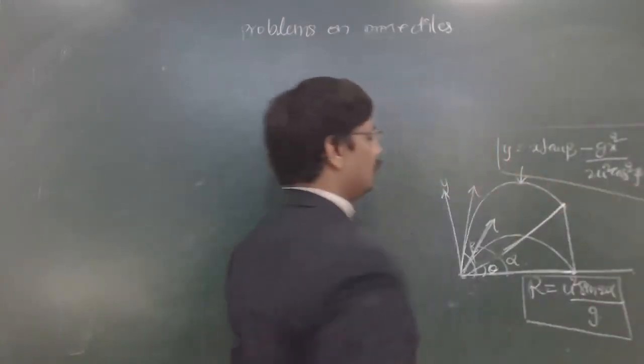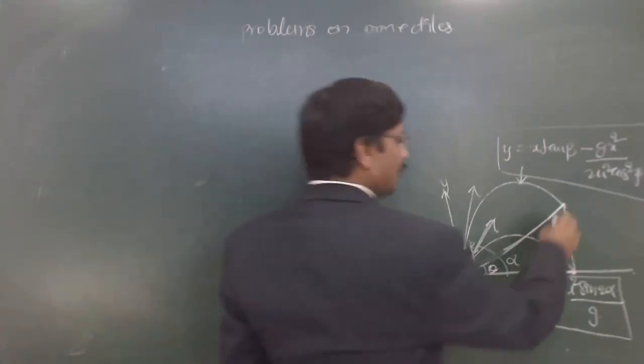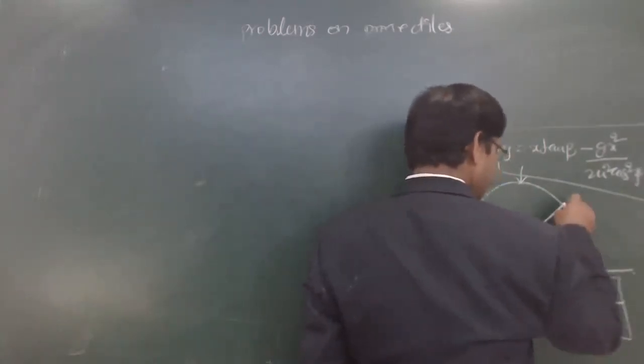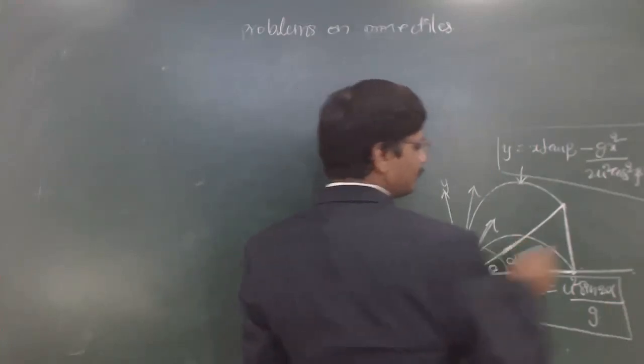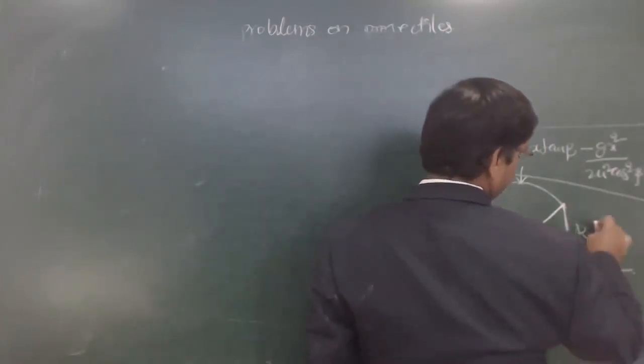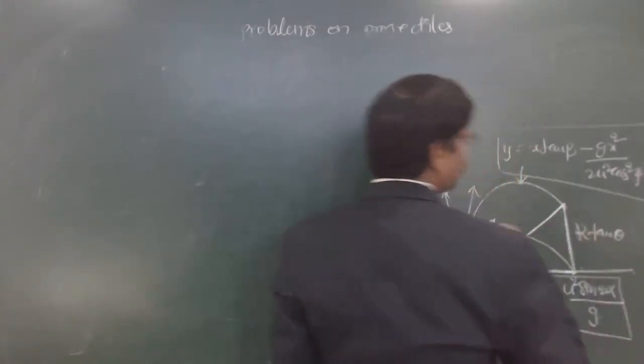Now in this projectile relation, y is nothing but the height of the tower, and this height we can express in terms of r as r tan theta, because theta is given.